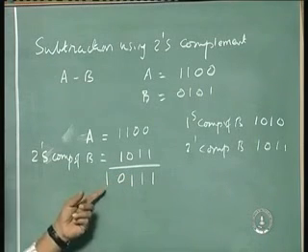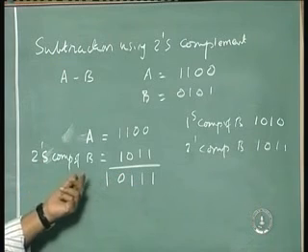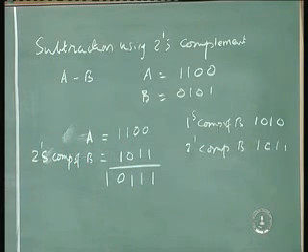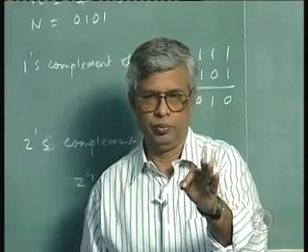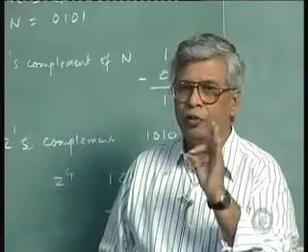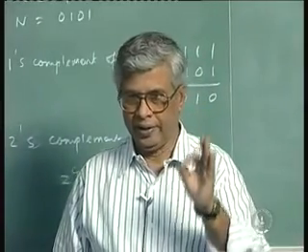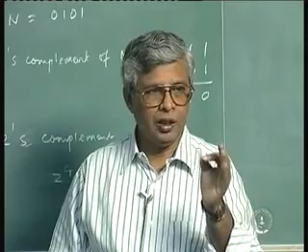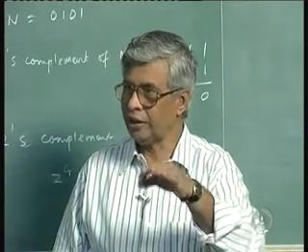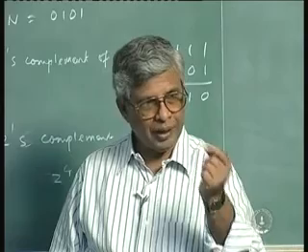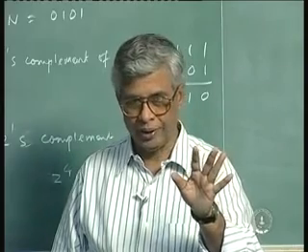This extra carry is not required in this case, because we are talking of 4-bit numbers. Here you have to be careful, there is a little caution here. I am dealing with 4-bit numbers, A and B. A is 4 bits, B is 4 bits, so I am expecting a 4-bit result. In A plus B the result can be 5 bits, but I am subtracting A minus B, and the result has to be 4 bits.